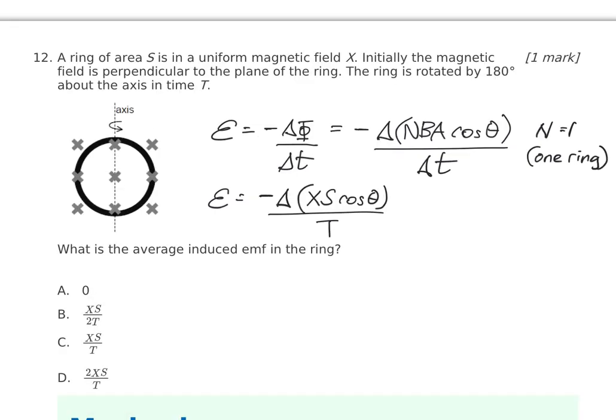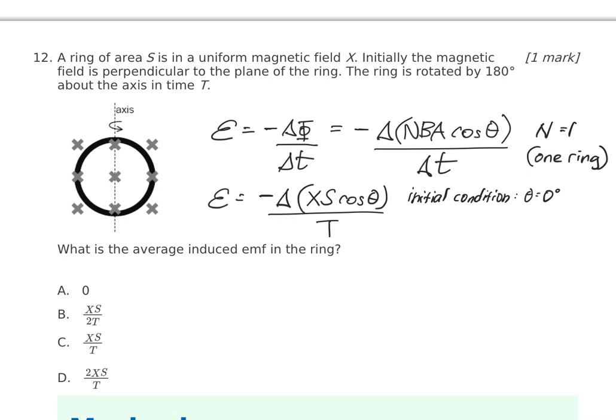To begin with, it doesn't really matter if you say that the area vector is at 0 degrees to the field or at 180 degrees to the field, but that's how it starts. The area vector and the magnetic field are in the same direction. Why don't we start by saying that theta is 0. If the initial condition with theta is 0, then the flux is at a maximum.